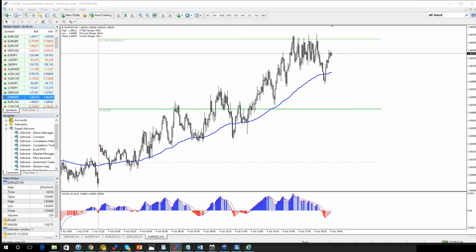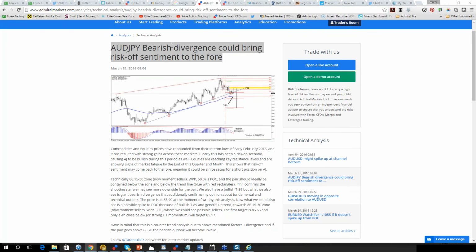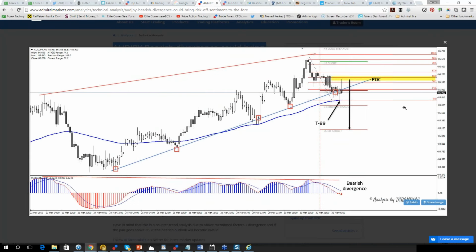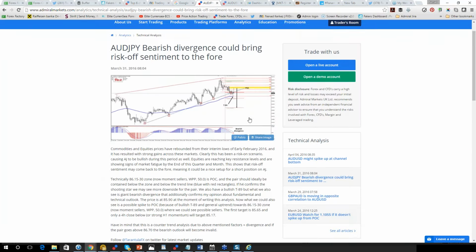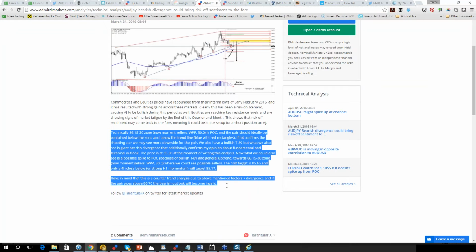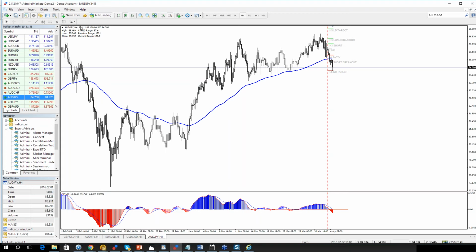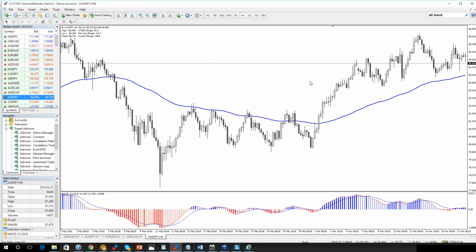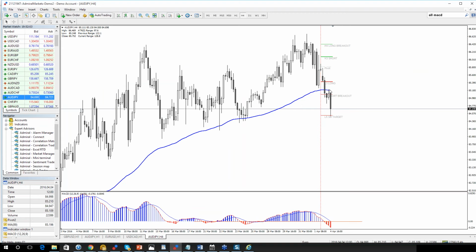So these were the reasons why I was selling ODN. Sorry, this is the analysis here. Orient bearish divergence could bring risk of sentiment to the fore. So if you traded from this setup, you could have made 100 pips. And this was bearish, very clear. And still it's bearish. But you see what happened is rejections from EMA. So this could be a good rejection downward.